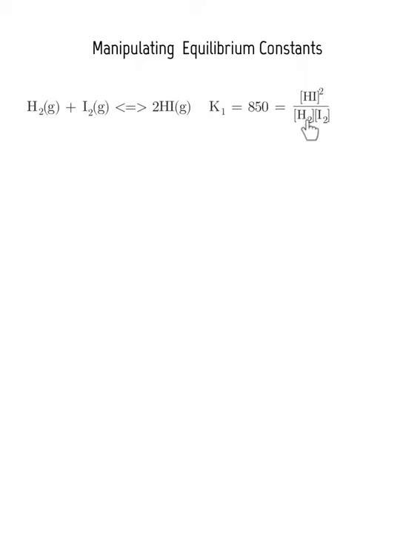In this case, our reactants are hydrogen and iodine, and both of these are being raised to the power 1. Sometimes chemists are lazy, and so they don't put that power 1. But we are raising them to the power 1 because we only have one molecule of each reactant in this case.